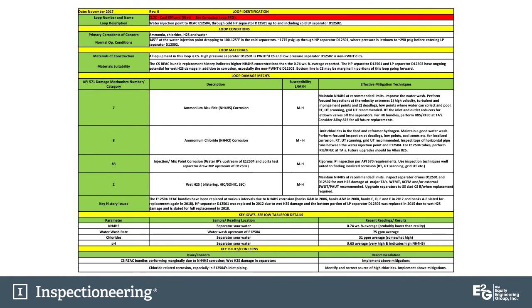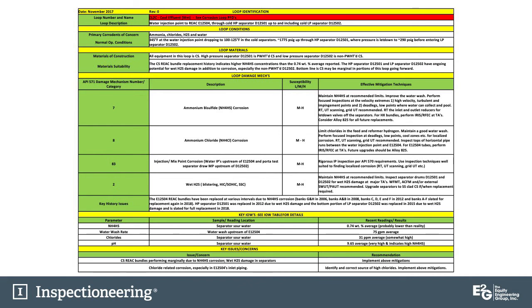And we have some recommendations in the far right portion here of the middle section of this table. We have some effective mitigations recommended, both operational and inspection-wise. Towards the bottom of the table, we have some key IOWs listed and some recent readings for those IOWs.